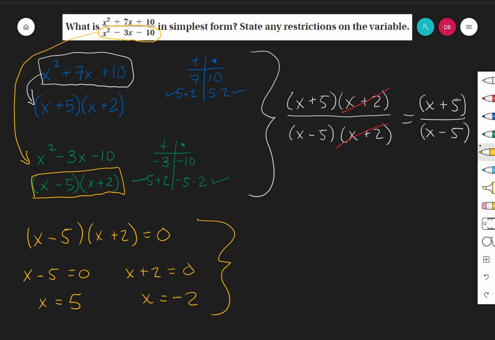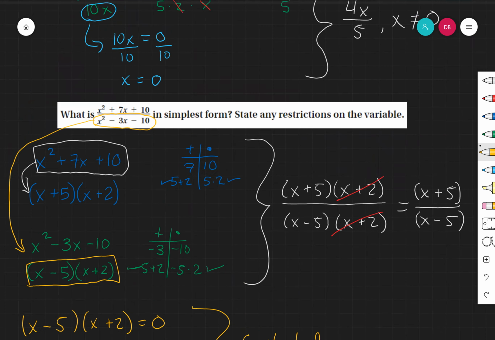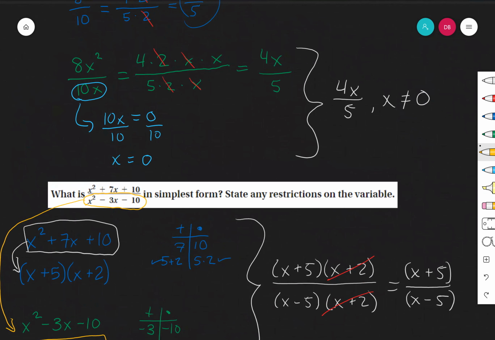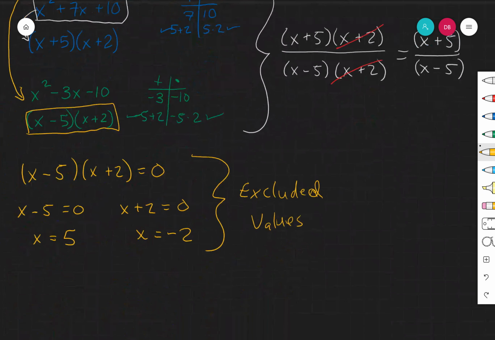That gives us our excluded values. Just like up here, this gave us, in this case, only 1, but it was our excluded value. So we can have as many excluded values as come up, but down here we have 2.